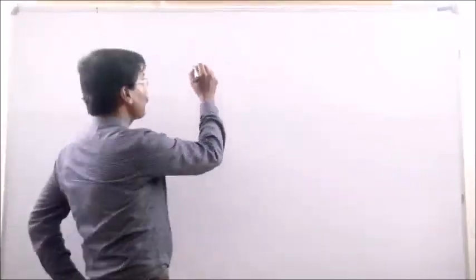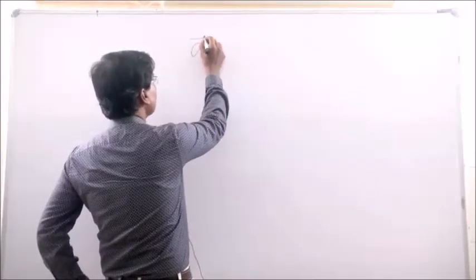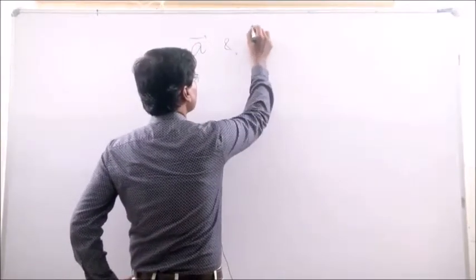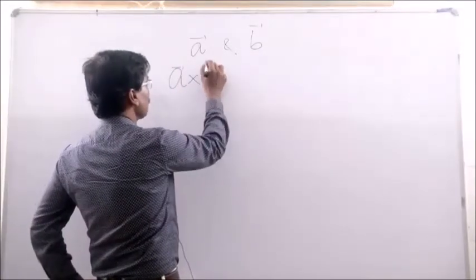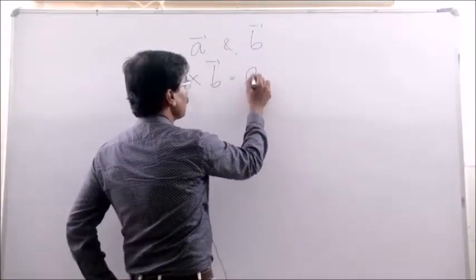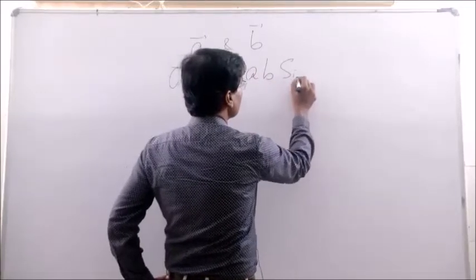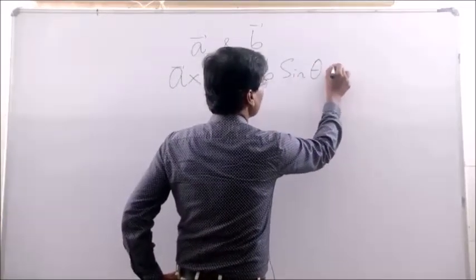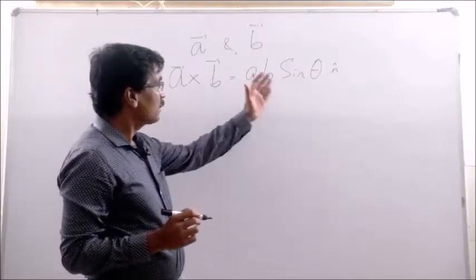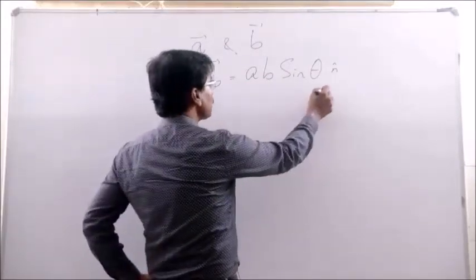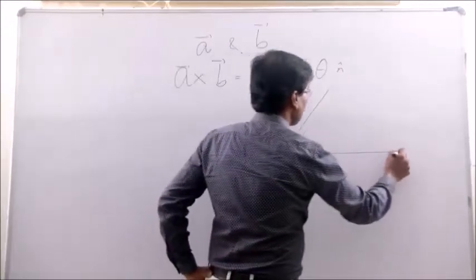For any two vectors, a vector and b vector, a cross b is defined to be ab sin theta n cap, where the two vectors are a vector and b vector, and theta is the angle between a and b vector.